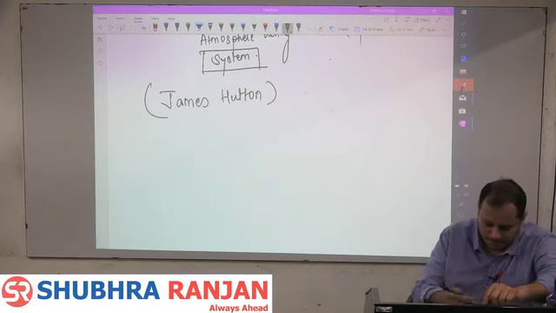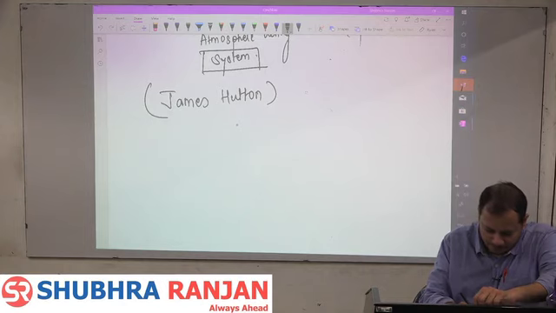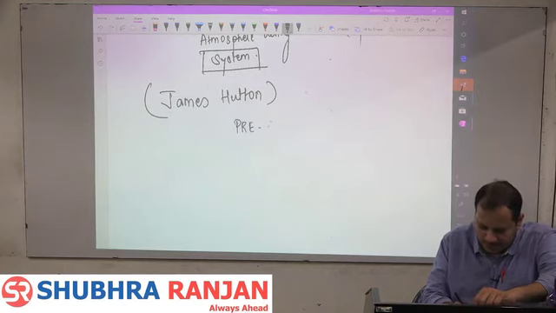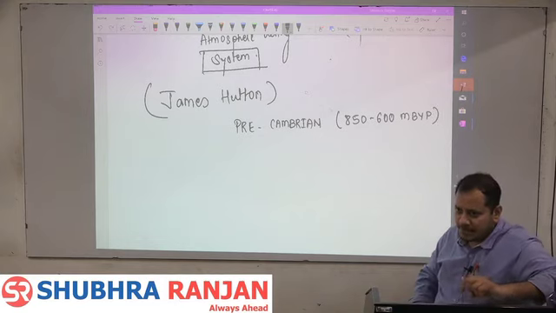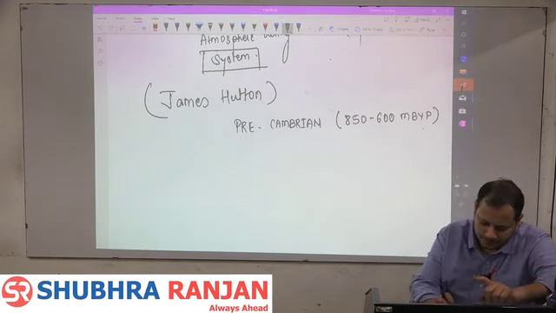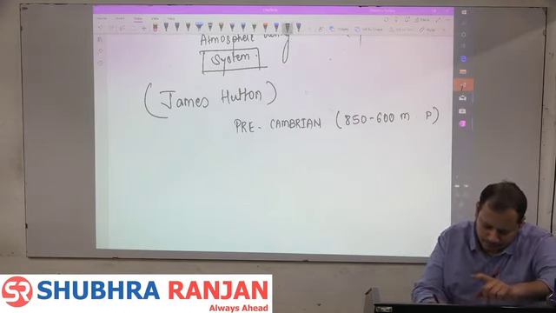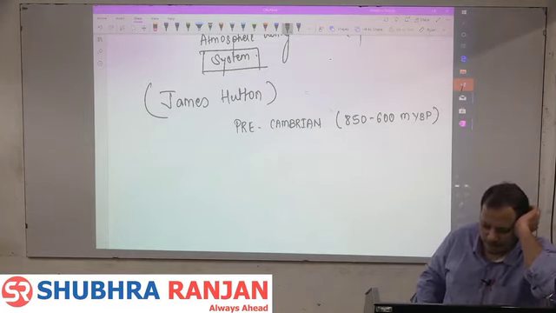Example. Major ice ages occurred during Precambrian, 850 to 600 million years before present. You can write directly the shortcut, million years before present.